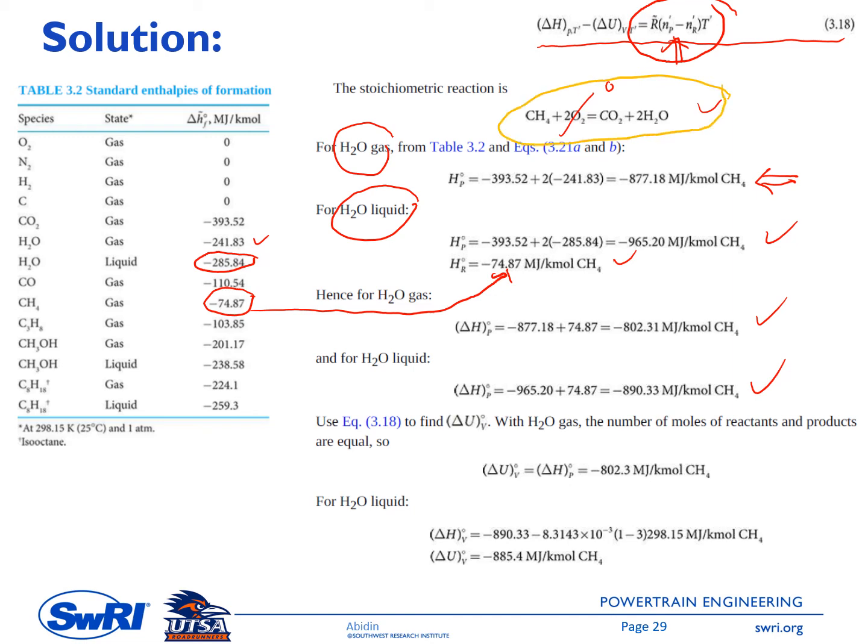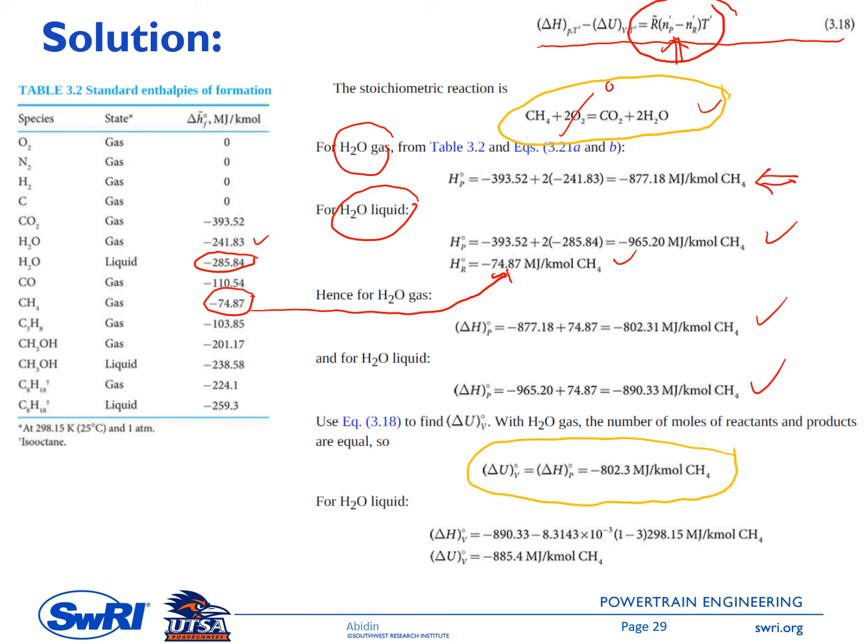If you look at this chemical formula, if we have a gaseous H2O, then we have 3 moles of the product and 3 moles of the reactant. So what does that mean here? When H2O is in a gaseous phase, delta U equals delta H, okay?